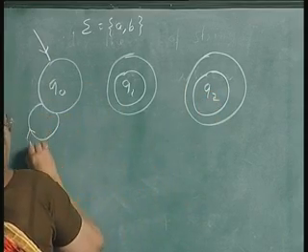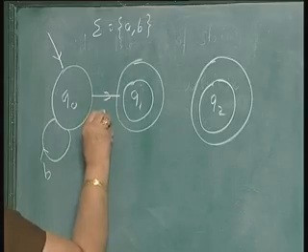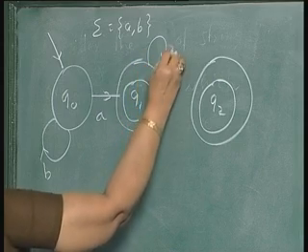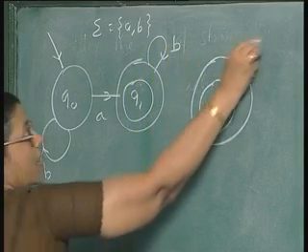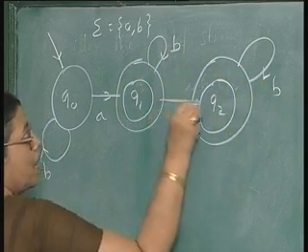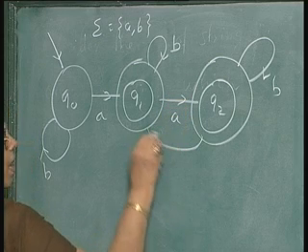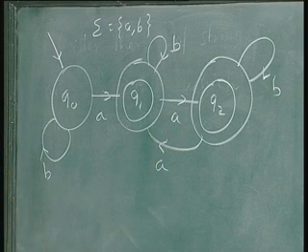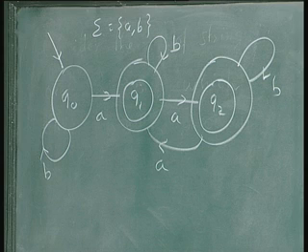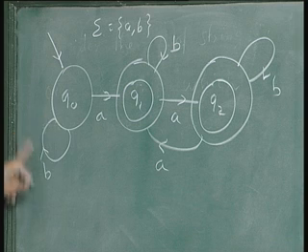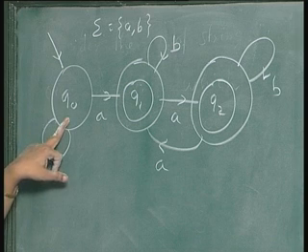The state diagram is given like this: B, A, B, B, A, A. What is the language accepted by this machine? If you look at the diagram carefully, if you get only a string of B's, it will not be accepted.